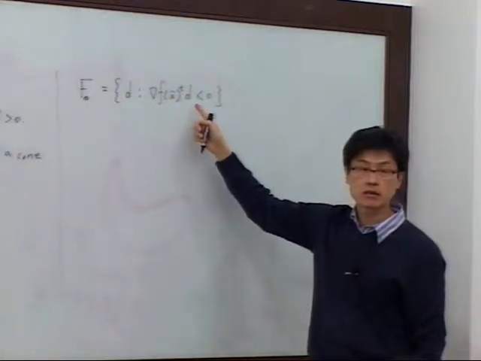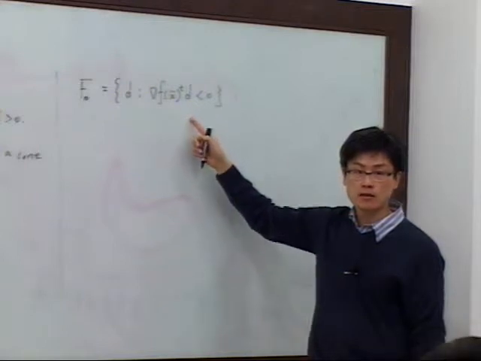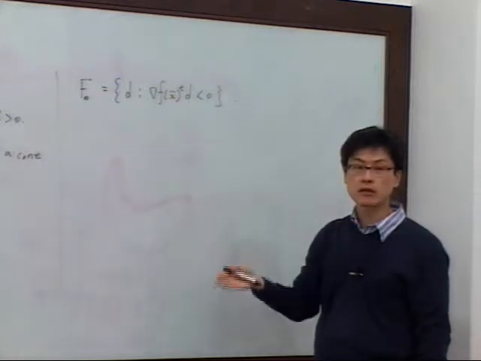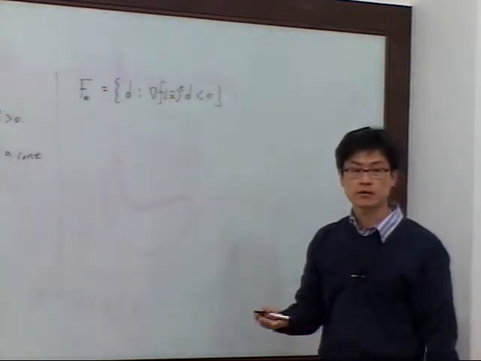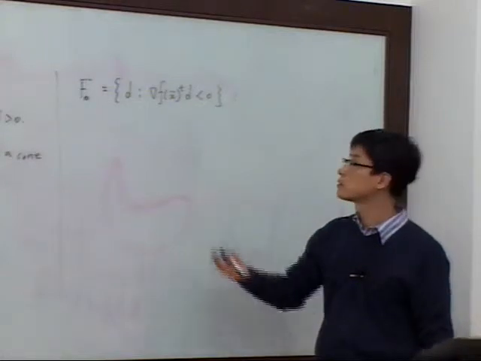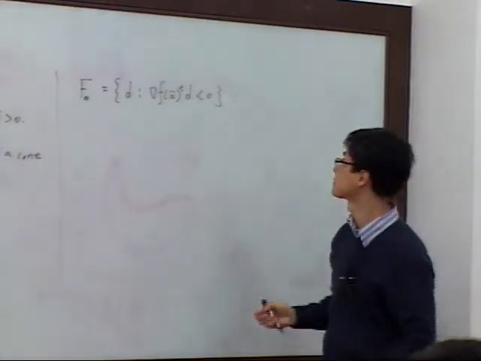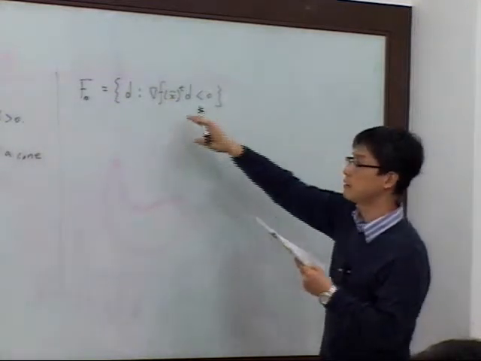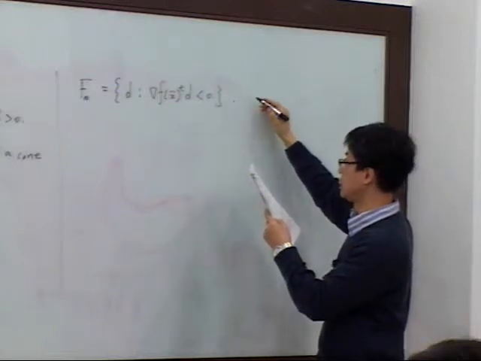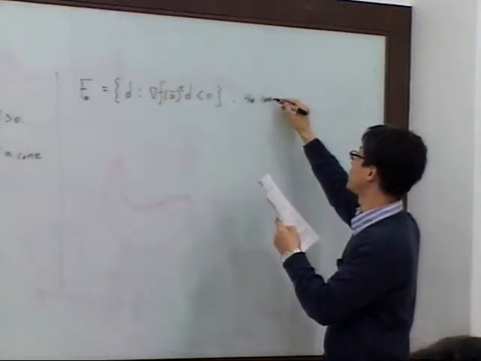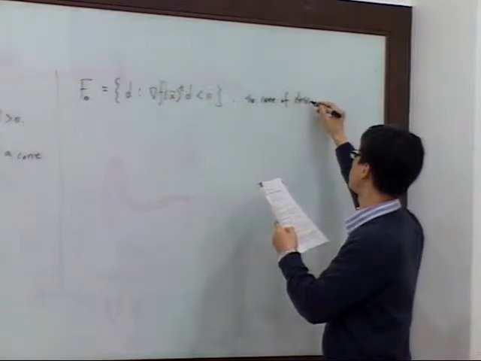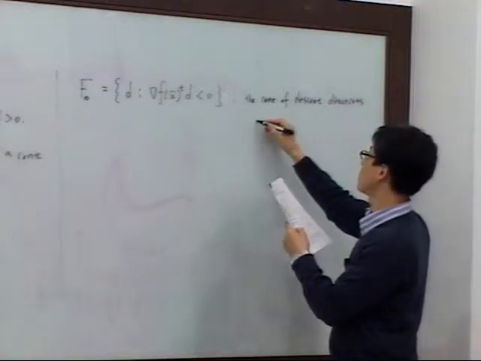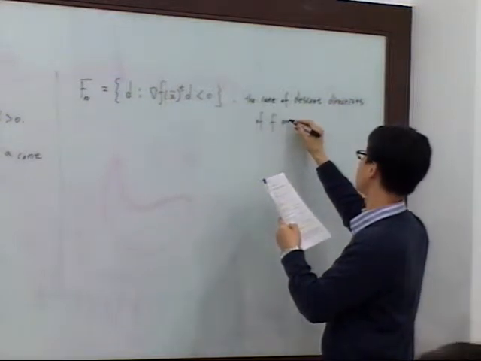If this is less than 0, then your d is in the opposite direction of the gradient. So it's a descent direction. So mathematically defined here, and we call this the cone of descent direction of F at x bar.